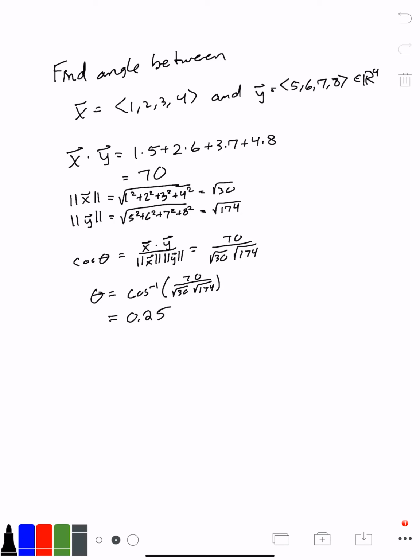Of course, we have to know what mode we are in, and that right there is in radian mode. If we prefer our answer in degrees, it would be 14.3 degrees. Now in calculus, we really care about using radians, but in this class, we're perfectly fine with degrees here.